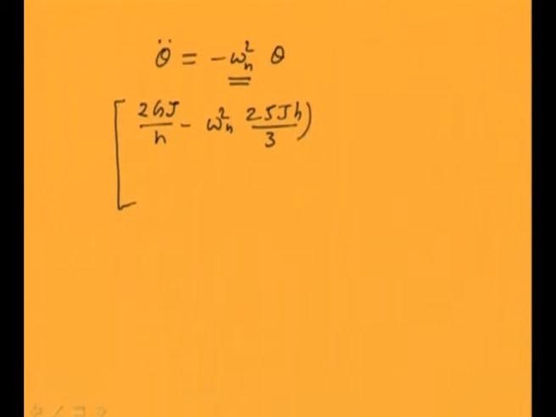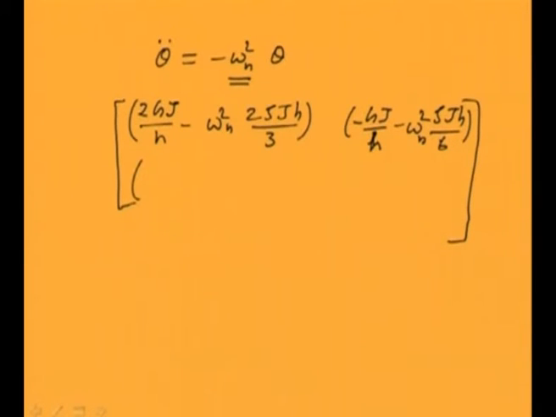This is the first term, then the second term. In this, both the mass matrix and the stiffness matrix have been clubbed in one place.